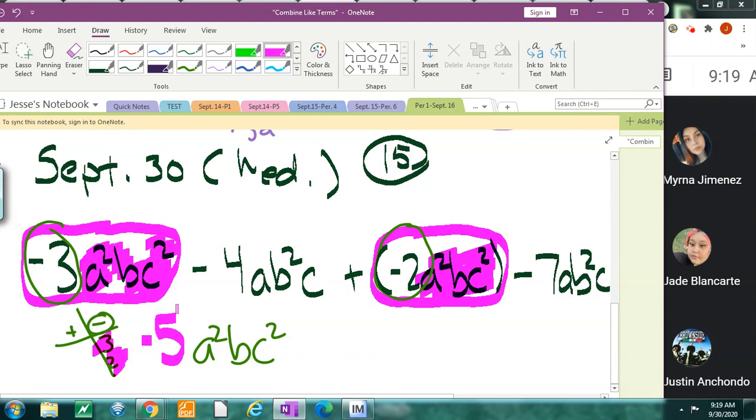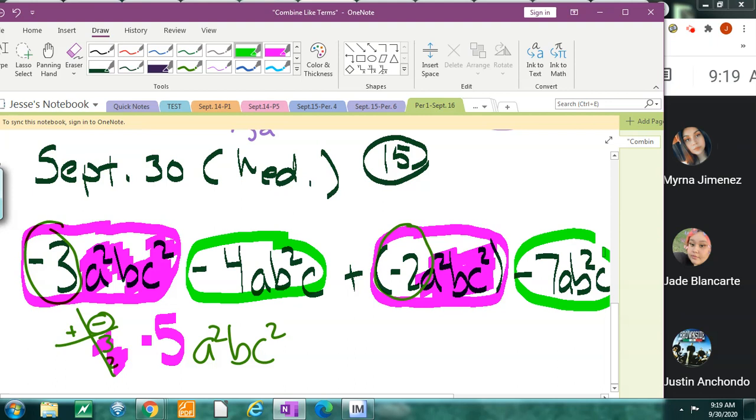Okay. Myrna, what about the a b squared c? What is it going to match with? -4 and -7 a b squared c. Very good. See these two right here? They're the same.